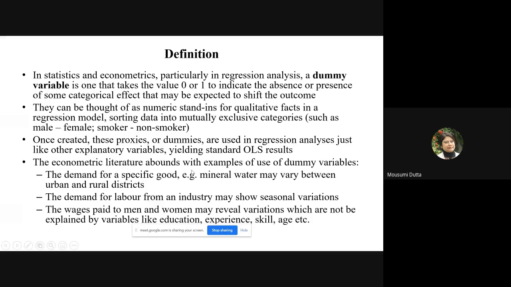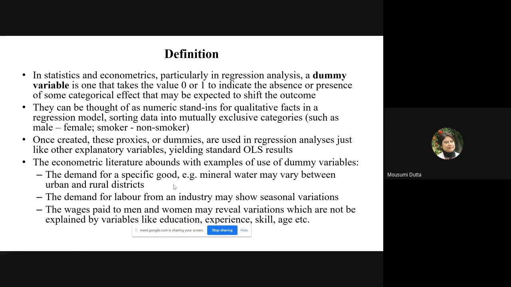The econometric literature abounds with examples of use of dummy variables. The demand for a specific good, for example mineral water, may vary between urban and rural districts. Everybody understands this. The demand for labor from an industry may show seasonal variations.